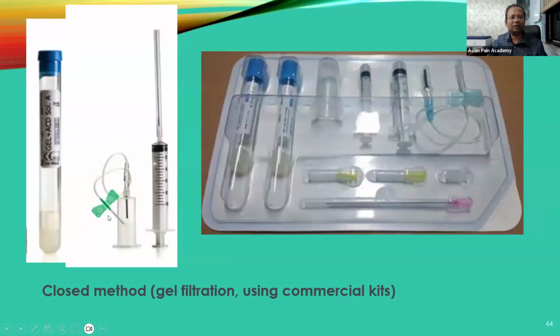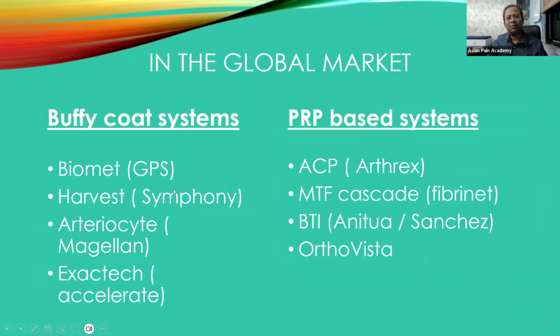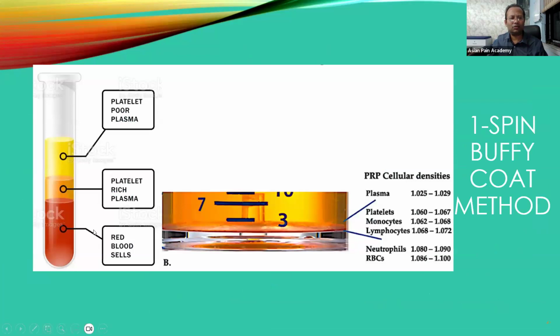We are using some pre-made kits actually. So there is some gel part, and an ACD vial. There are multiple systems. As I told you, RBC is down, whether there is a gel or not, and just above the RBC there is PRP. Above that is platelet poor plasma, meaning plasma and WBC.